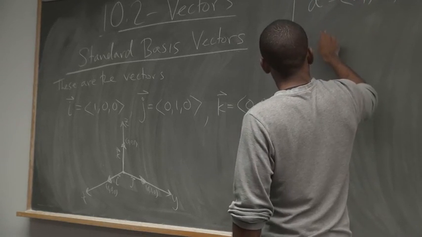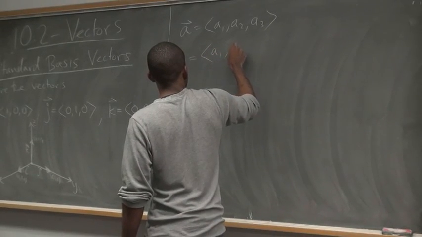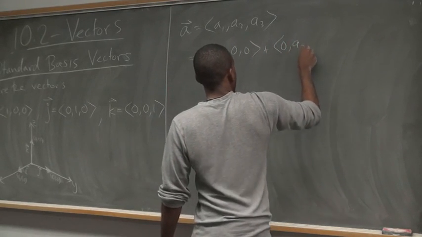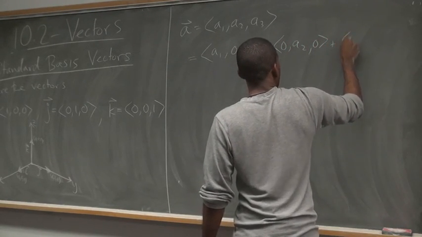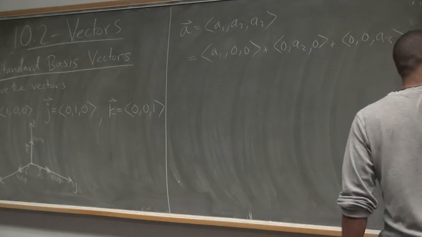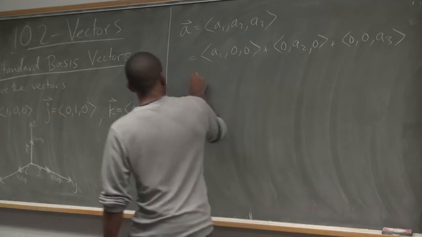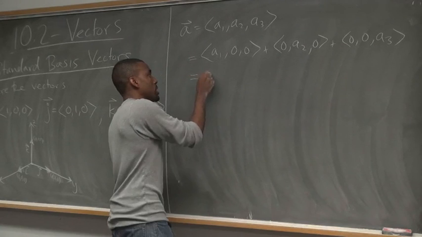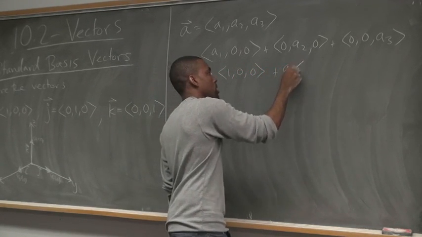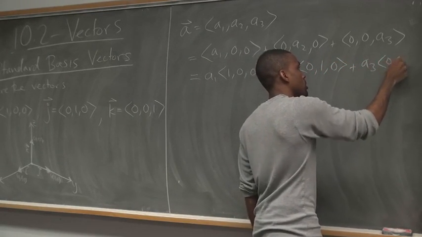It turns out I can write this as a sum of three vectors, where this follows from how we add vectors and the fact that the 0 vector exists. We can take a1 out as a scalar. Here we can take a2 out as a scalar. Here we can take a3 out as a scalar.